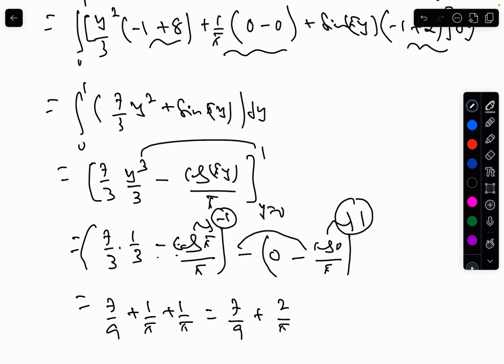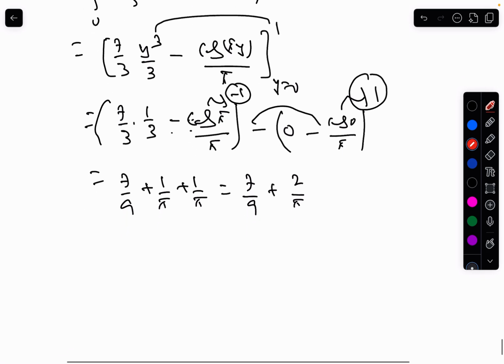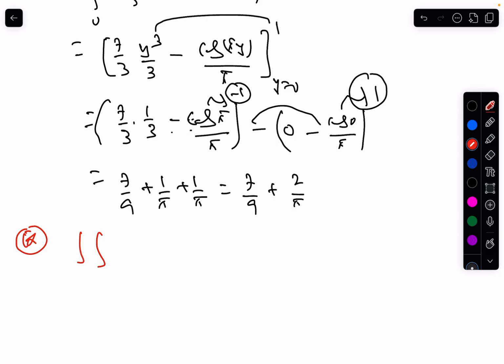Let us take one more. Evaluate the double integration of x e power xy dy dx, where the limit of y is from 0 to 1 and the x limit is from -1 to 2.